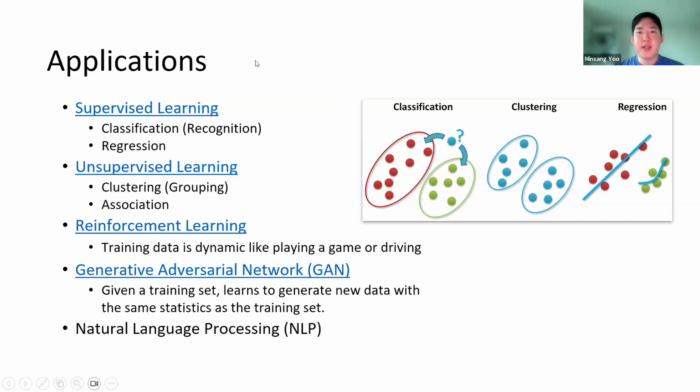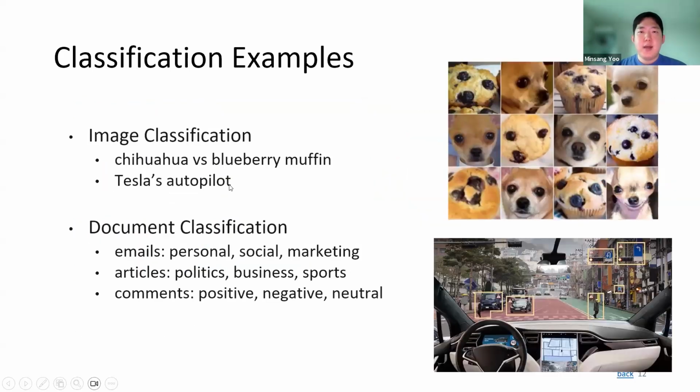So the classification example, as you can see on the right side, there's 12 images. One is a blueberry muffin, and one is chihuahuas. For us, it's very easy. Muffin, chihuahuas, muffin, chihuahuas.